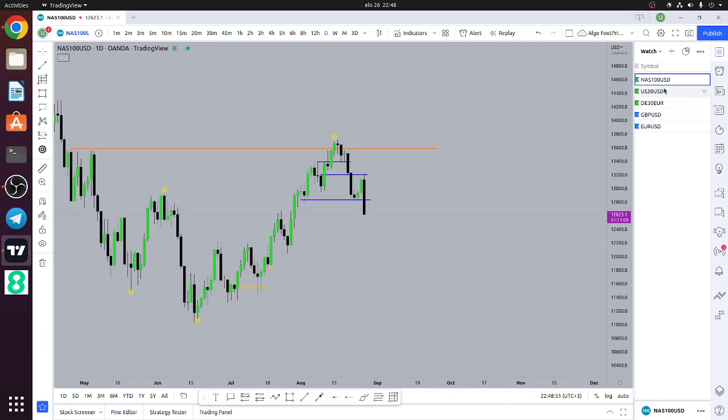In New York, I trade Nasdaq and US 30. In London, I trade the DAX, GU, and EU. However, in New York I don't look for setups in the DAX. In New York, I look for setups in GBP USD and Euro USD, because in London GBP has volume and Euro has volume.